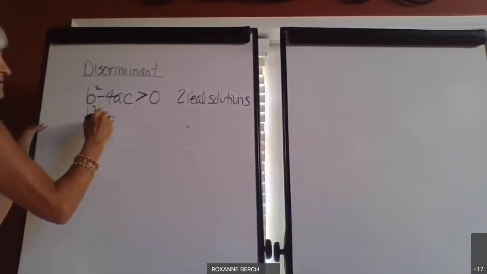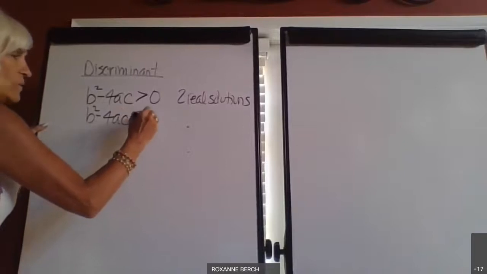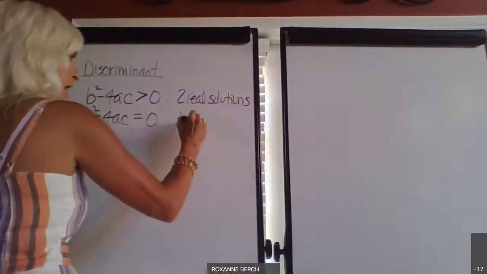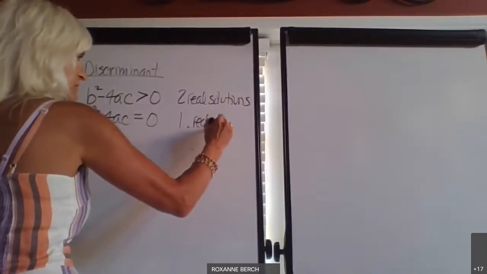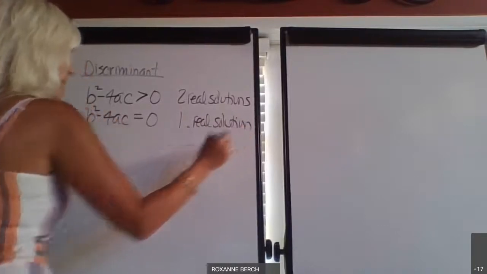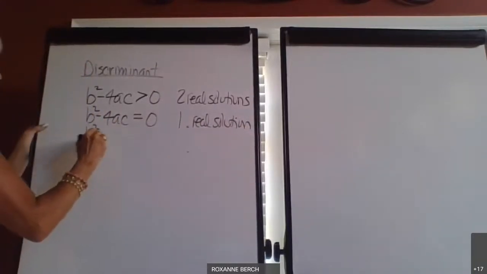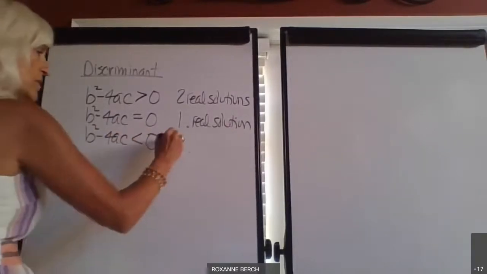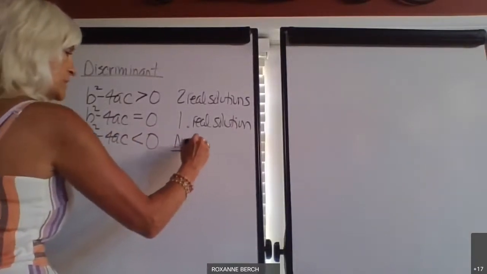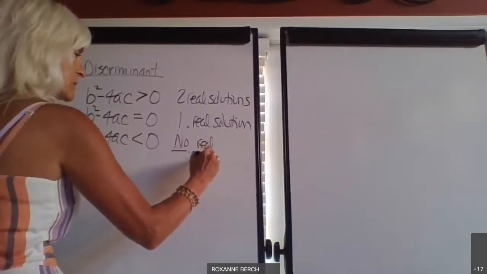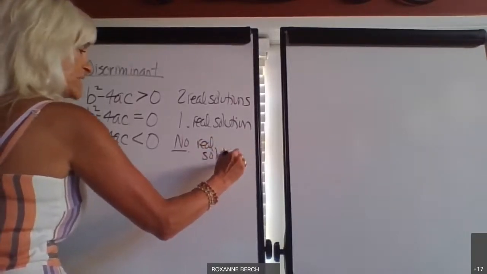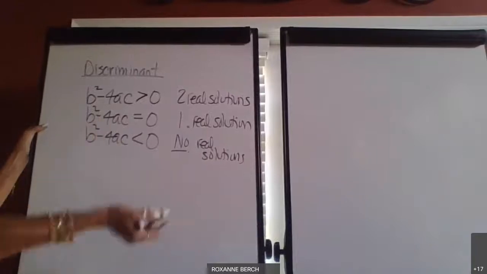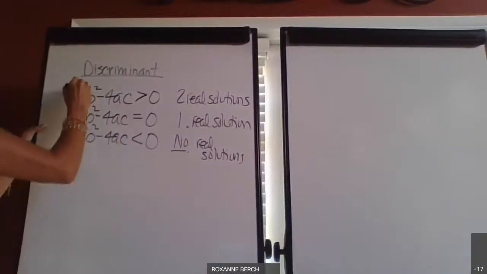When the discriminant is equal to 0, it means there's one real solution. And when the discriminant is negative or less than 0, there's no real solutions, which means there's two imaginaries or two non-real solutions.